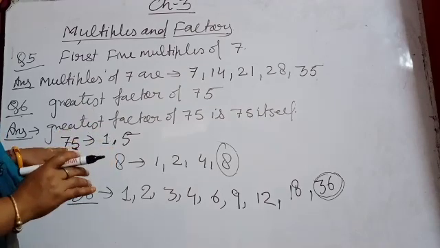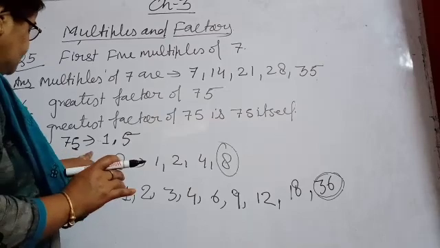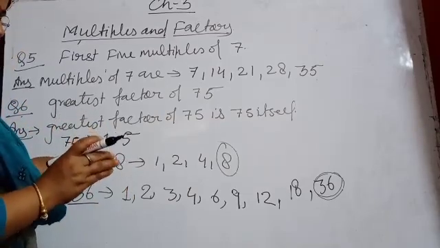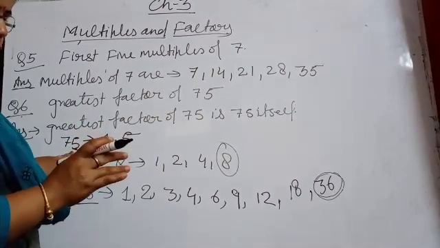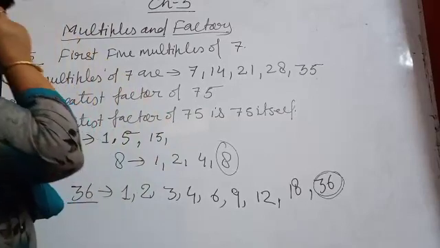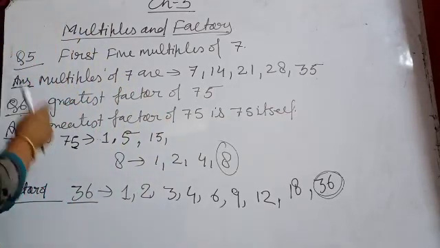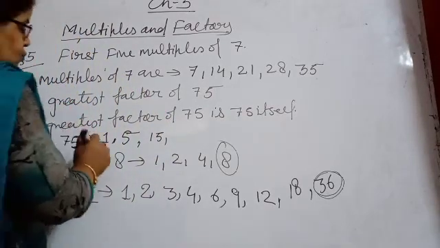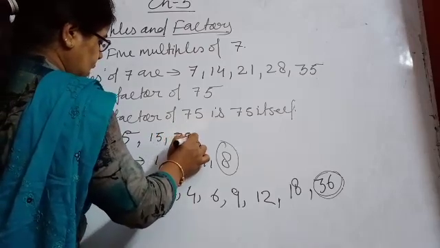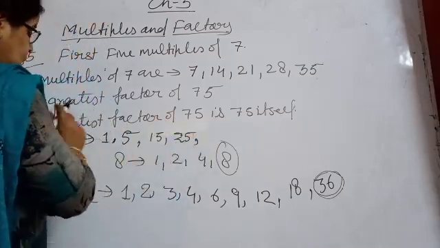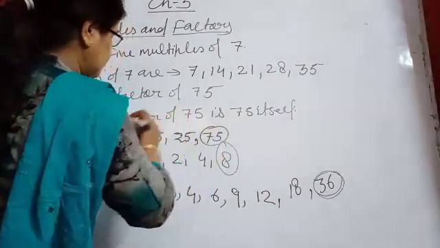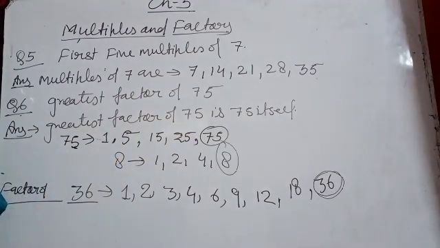Then next, it is not divisible by 11, 12, 13, 14. It will be divisible by 15. Okay. Then next it will be divisible by 25. 25 threes are 75. And finally it will be divisible by 75. So you can see that the greatest factor of 75 is 75 itself.